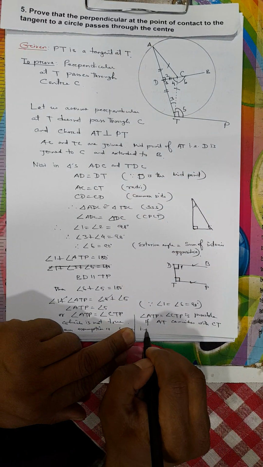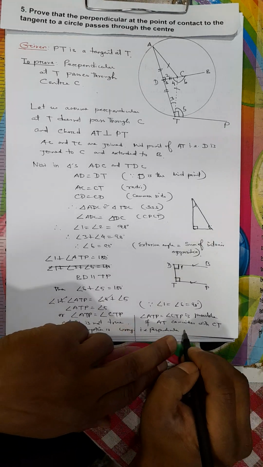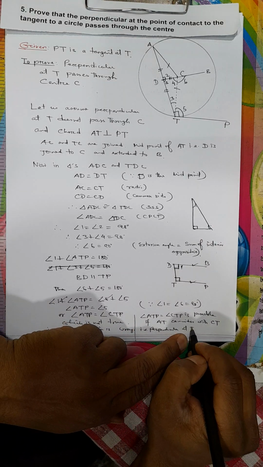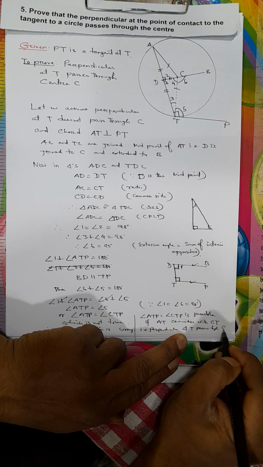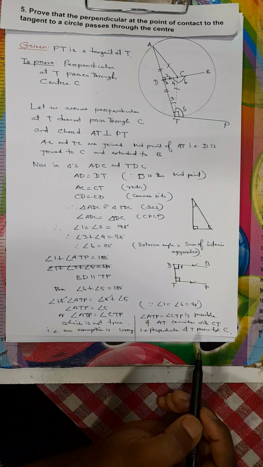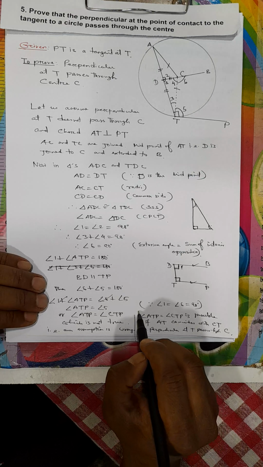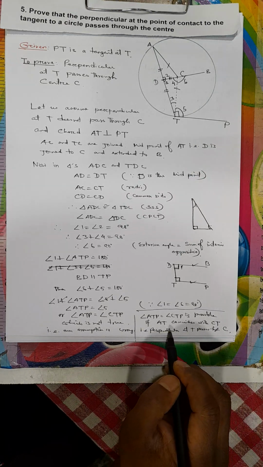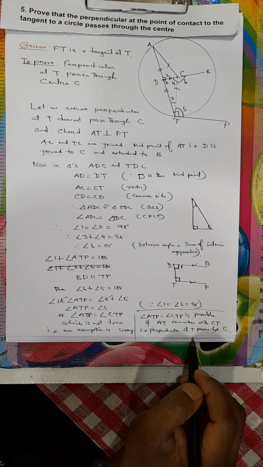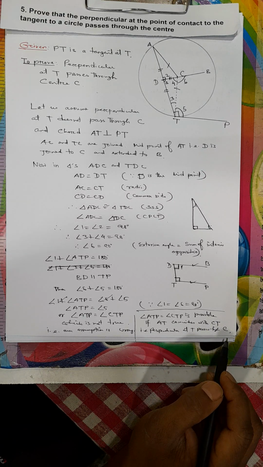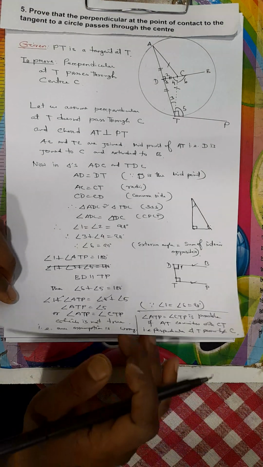That is, the perpendicular at T passes through center C, right? Angle ATP equal to CTP is possible only when AT coincides with CT. That means the perpendicular at T passes through the center C. So this is how you can prove this.